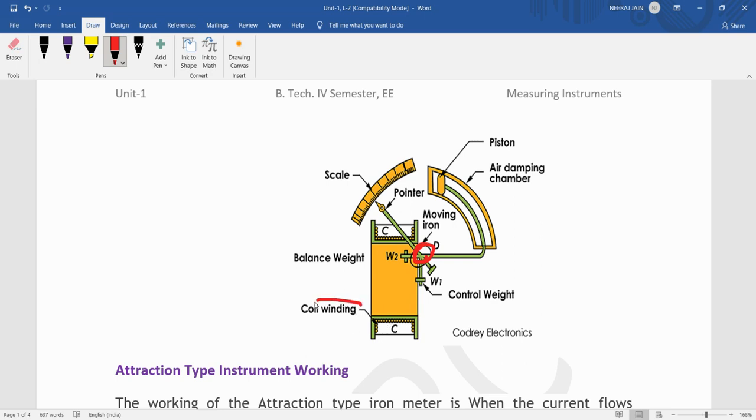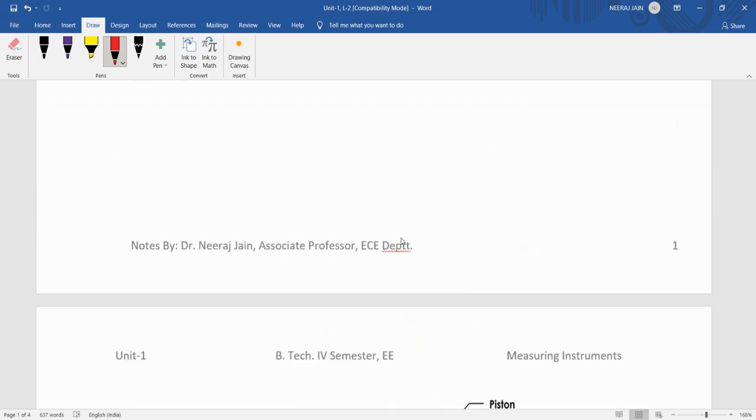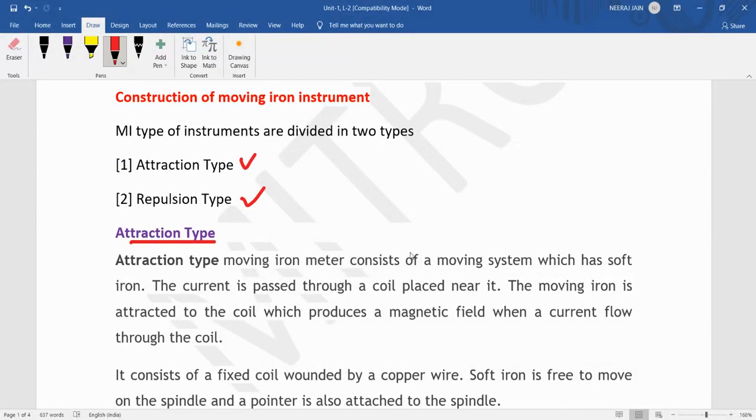There is a coil present. Current flows in the coil. Then air damping is provided to reduce the friction of the pointer, and the pointer moves on the scale. So that is the basic construction of the moving iron type instruments.